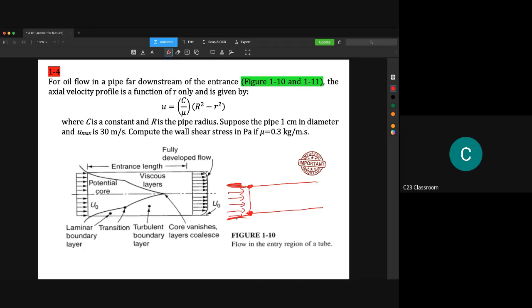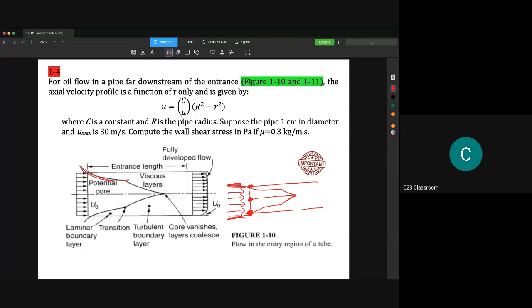Because of the no slip condition, the molecules at the wall might be immediately stopped because they stick very hard on the surface, but the center molecules will flow at maximum velocity. So it creates a certain kind of profile like this one.